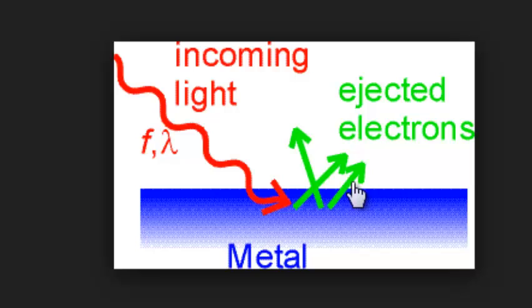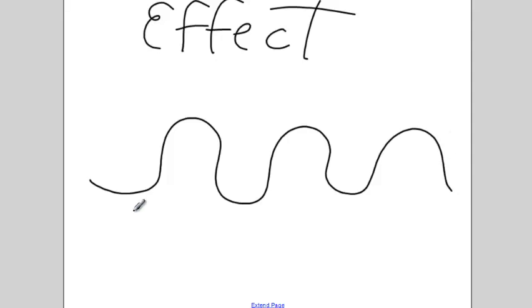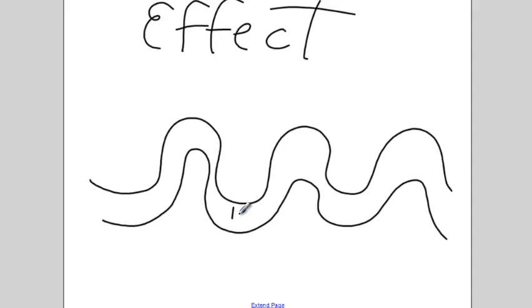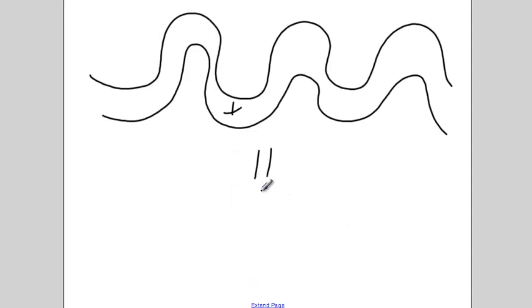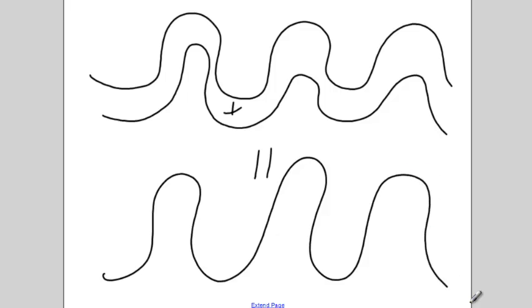And that doesn't fit with wave theory. Here's why. Because wave theory says waves add. If I have this one and this one, they add up and make an even bigger wave like that.